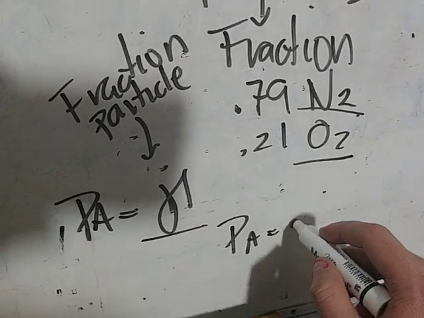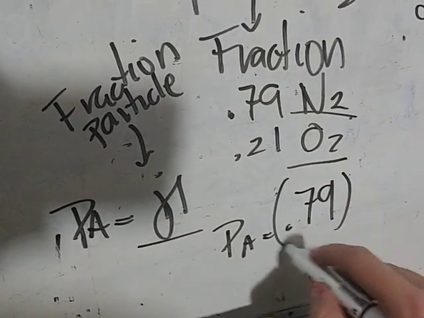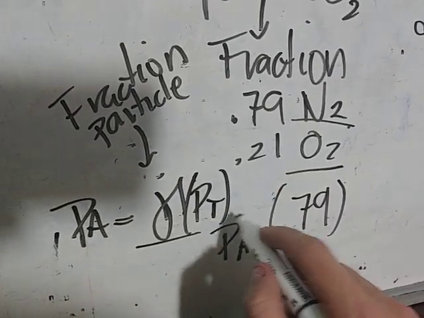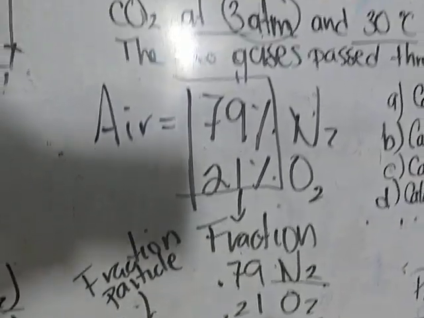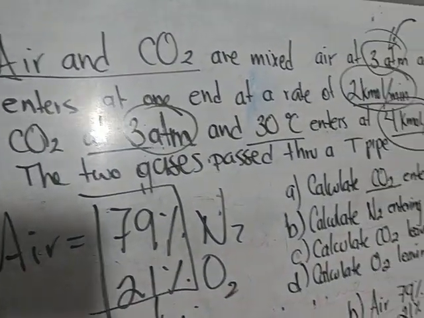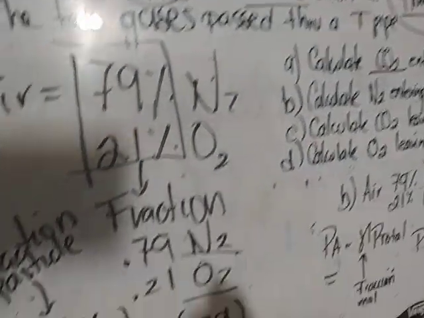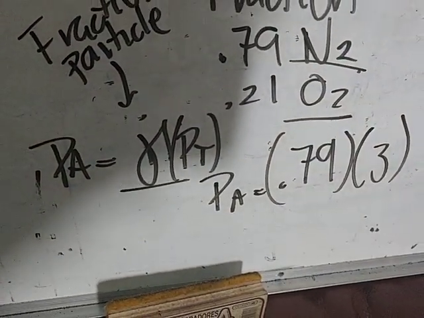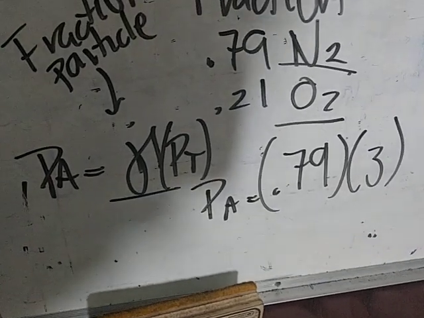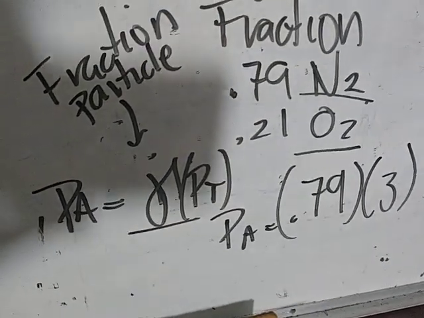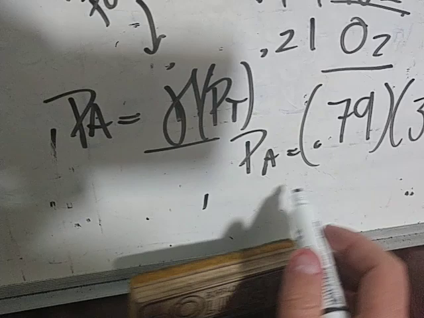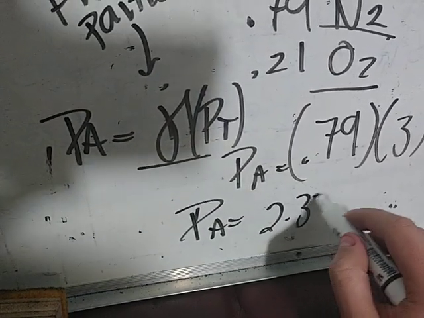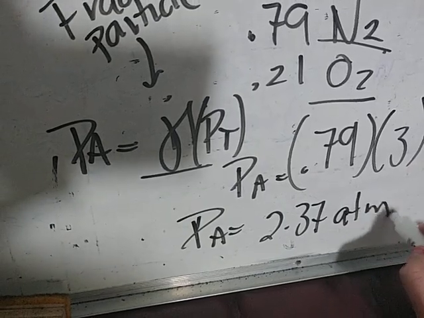In this first part, I want to work with the nitrogen. And I have to consider the total pressure. The total pressure of the system, of the air, is 3 atmospheres. So I'm going to work with 3 atmospheres. This operation is going to leave a result of 2.37 atmospheres.